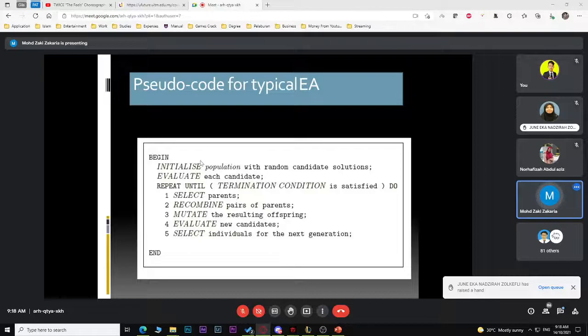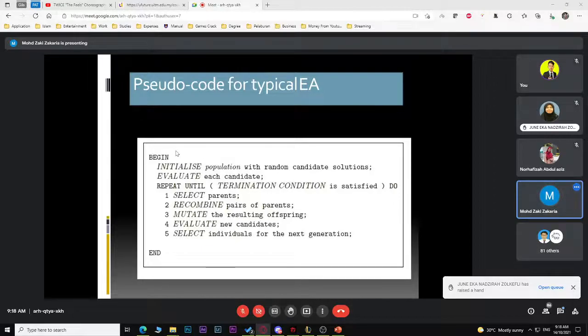And then after the population, we need to evaluate each candidate or each chromosome. How to evaluate? Based on mathematical formulation or fitness function, the quality of the chromosome.